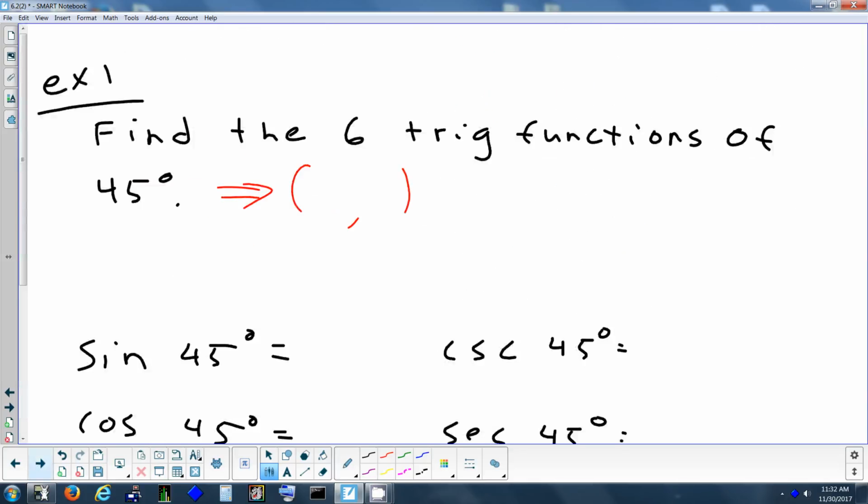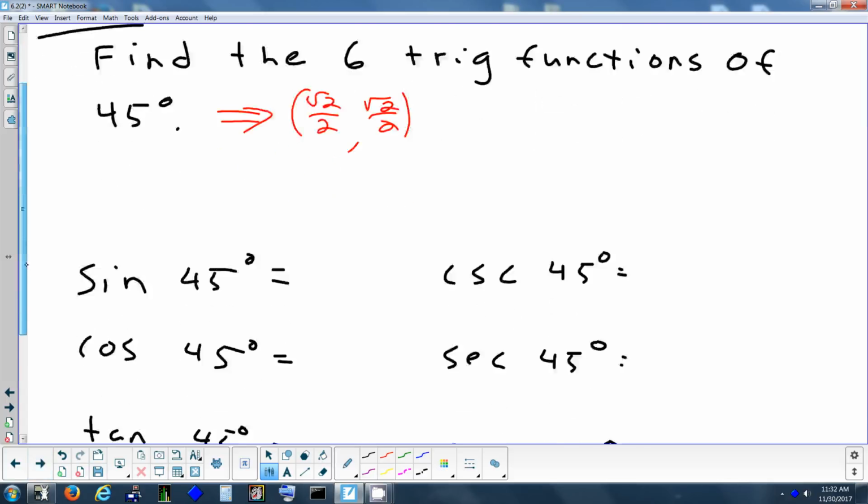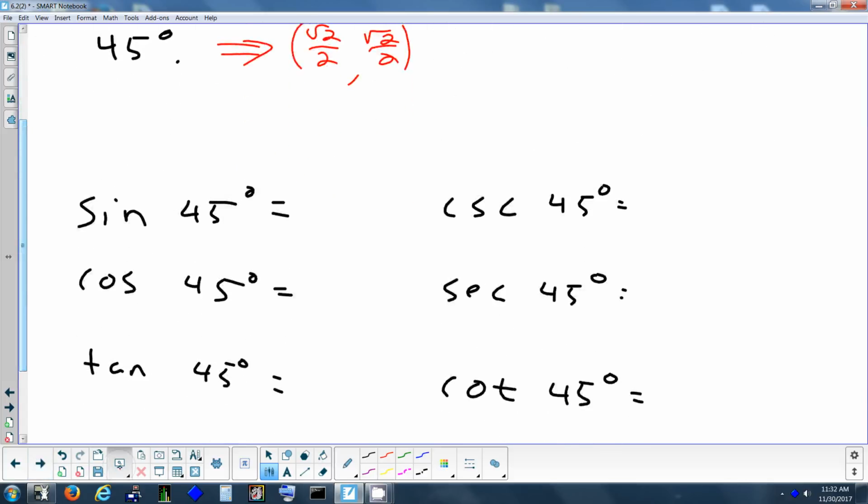What's my coordinate for 45 degrees? Yep. Root 2 over 2, comma, root 2 over 2. Does that coordinate look familiar? We did it in homework. So now, the rest of this problem we just did last night in the homework. The only thing is you didn't know that that was the coordinate for 45. Now you do. Okay, so we'll go through real quick again all the trig functions.